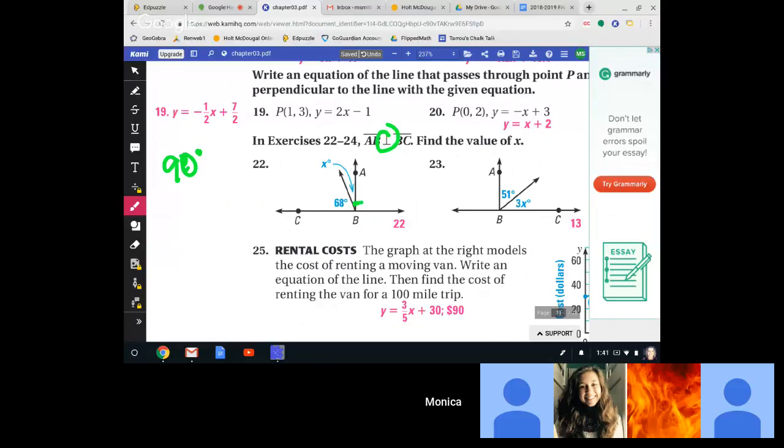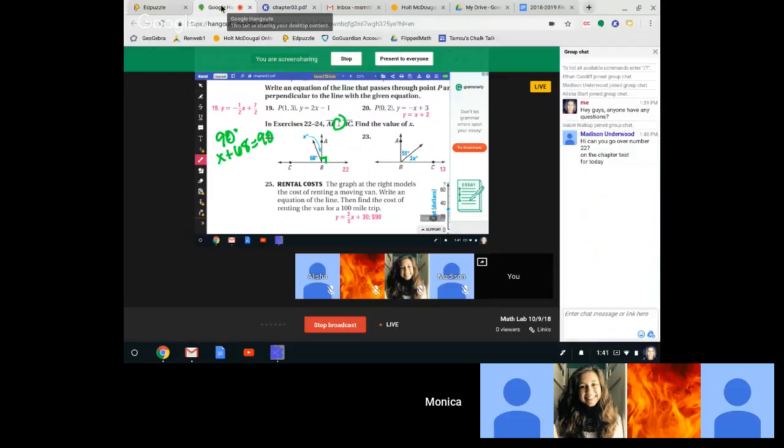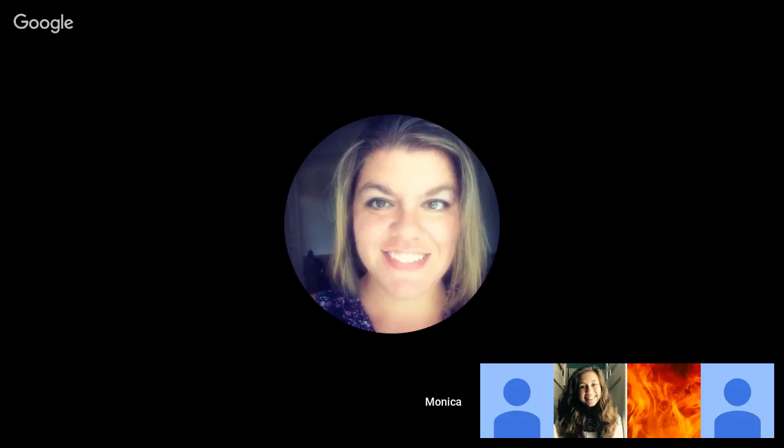So that tells us that these are 90 degrees. So we can say x plus 68 equals 90, and then solve for x that way. Does that make sense? Okay, good.